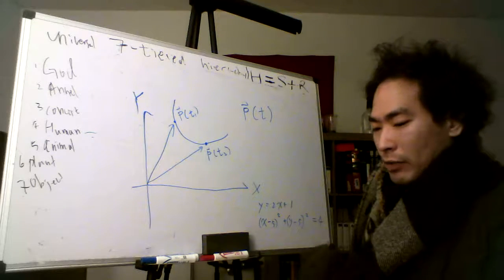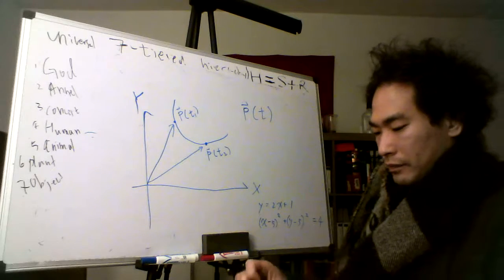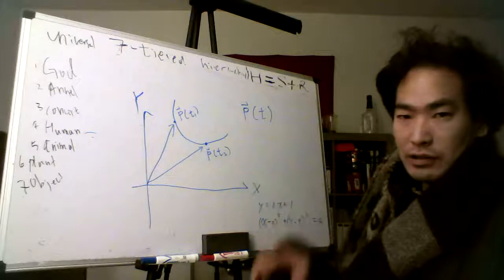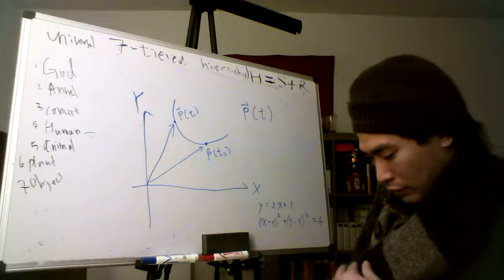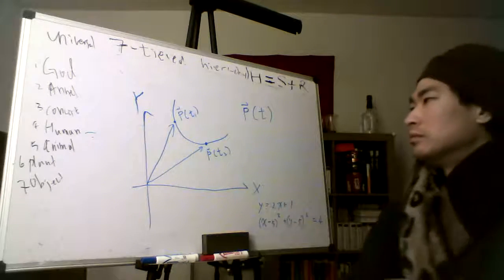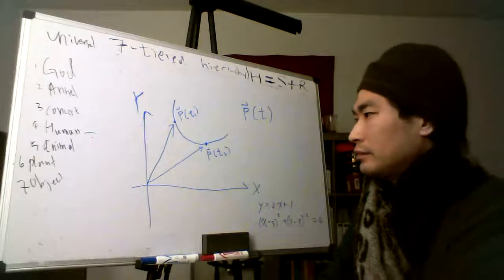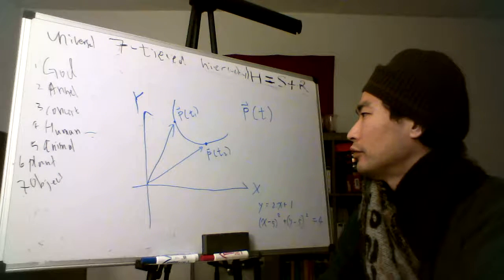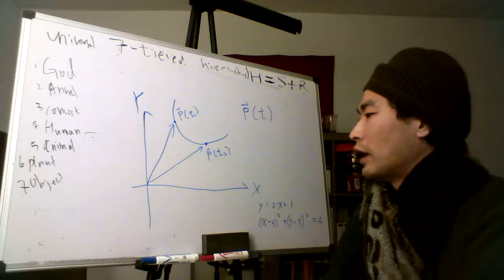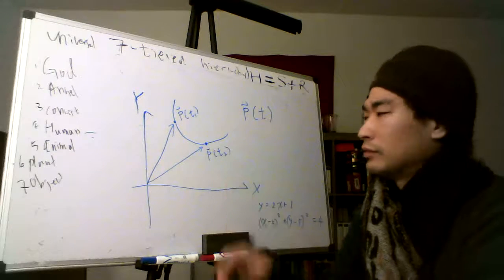We have the binomial coefficient, right? Like Pascal's triangle. That's the origin of the calculus formula, from the binomial expansion of x plus y to the nth.